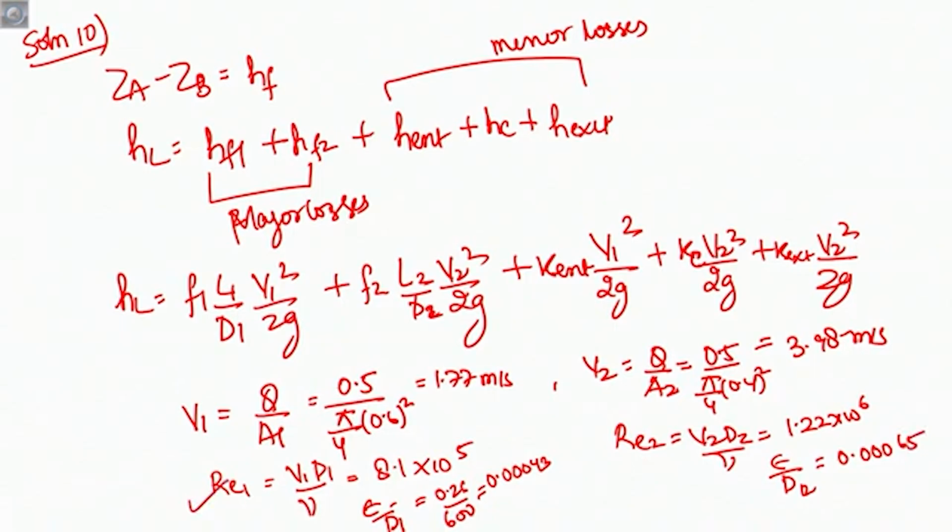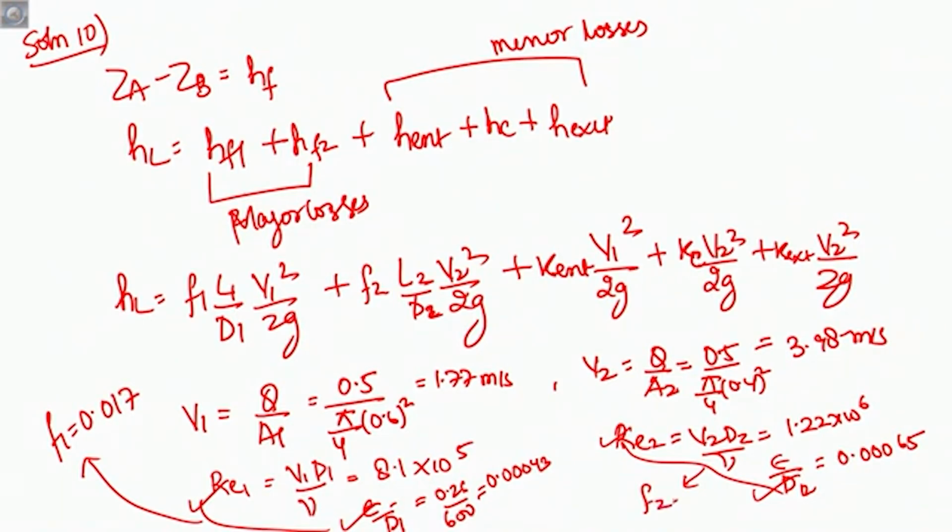So we know RE1, here we know epsilon by D1, here we know RE2, here we know epsilon by D2. So we can actually use the Haaland equation or the Moody's chart and find out F1. If you look at the Moody's chart or use the Haaland equation, F1 will come 0.017, and this F2 is going to come to be 0.018.